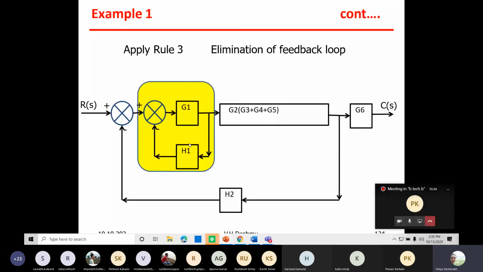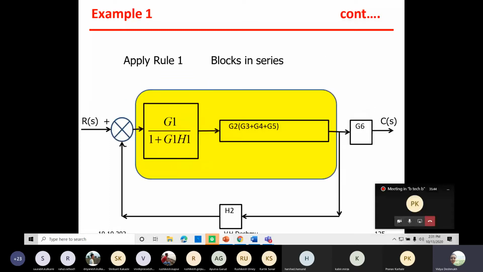So we eliminate the feedback H1, and after eliminating the feedback we get a single equivalent block for the two blocks.